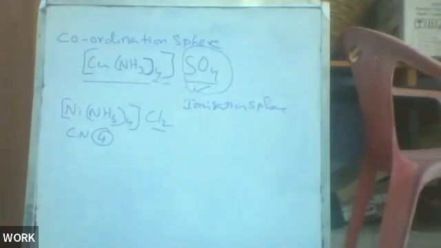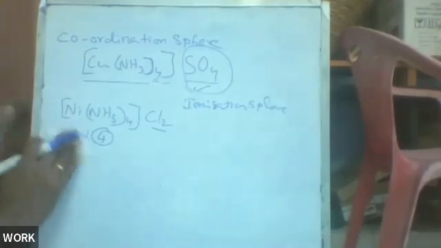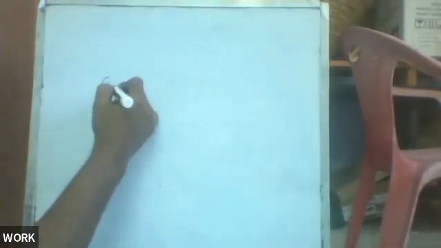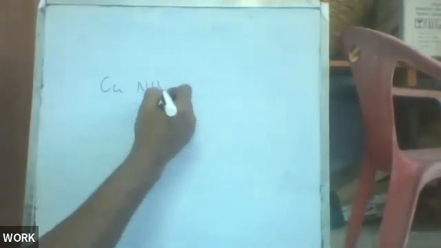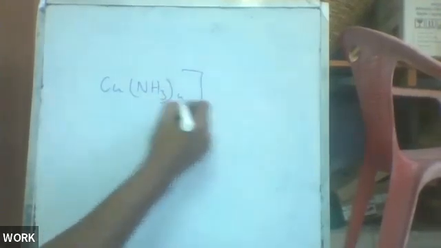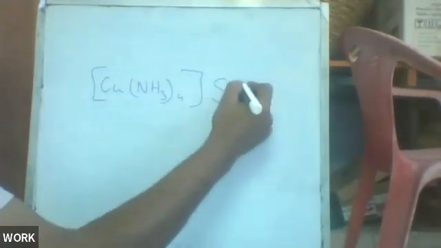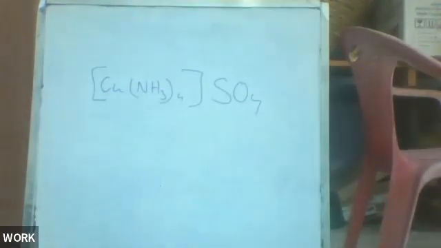Now, if we are writing a complex, what are the things in the complex that we have to write? Write one complex, copper tetraammine.